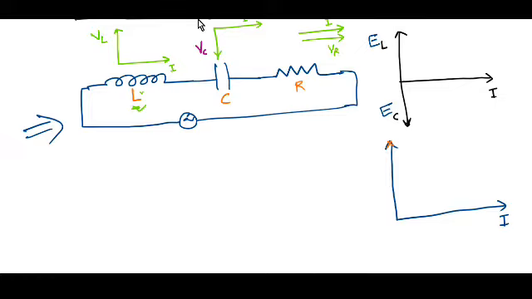Since the voltage across the inductor leads the current by an angle pi by 2, that voltage is represented along the positive y direction, and the voltage across the capacitor lags behind the current. Therefore, that has to be plotted along the negative direction.